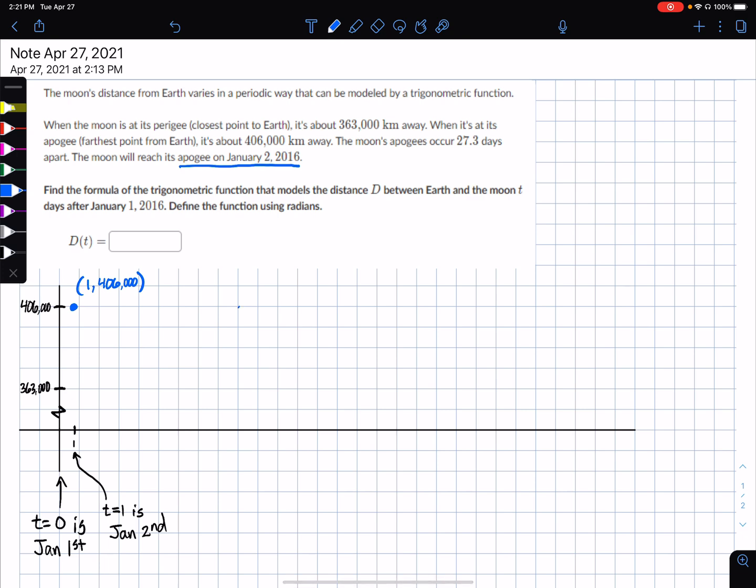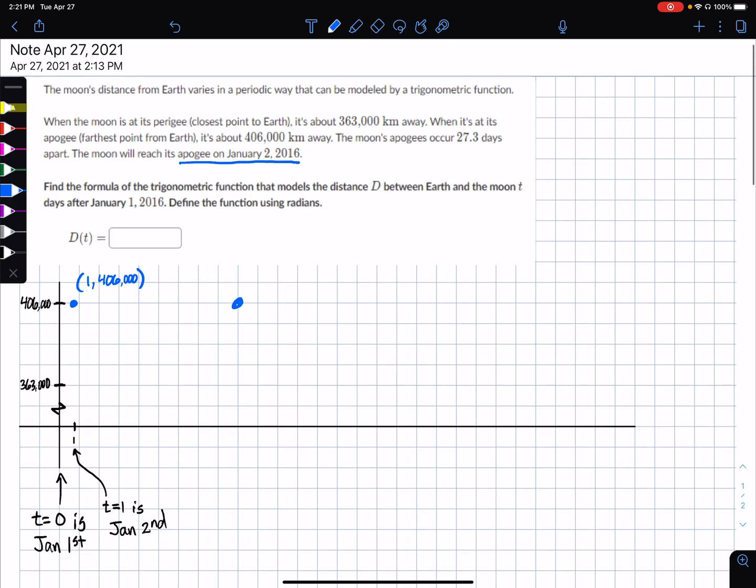And my next point I'm going to place is another apogee. And again, this is not to scale. Maybe I should move that point a little further out, just to give it some room here. So let's put it way down here. And that is 27.3 days later. So I can label this, it's kind of a funny point.